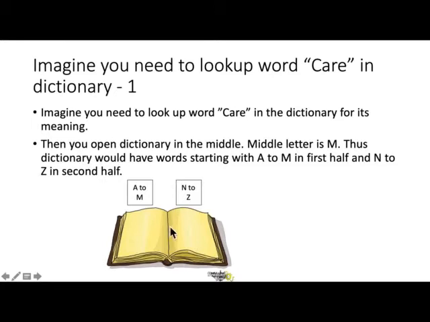Then you open the dictionary somewhere in the middle, and the middle letter is M. So the dictionary will have words starting A to M in this half and N to Z in this half. Since the word I'm looking for, care, is less than M, immediately I can discard this half and search only in this one.